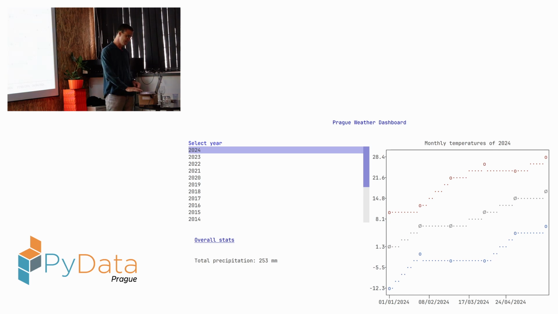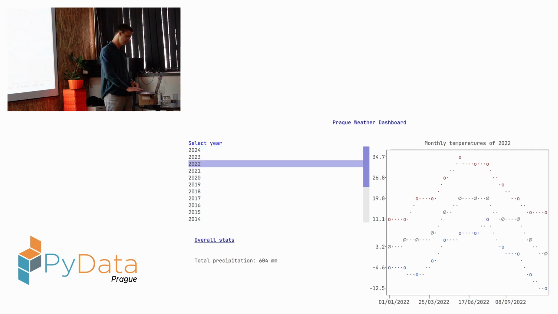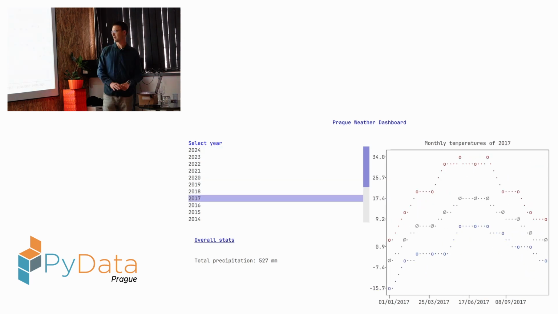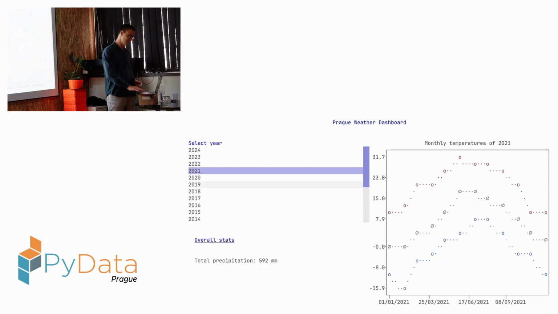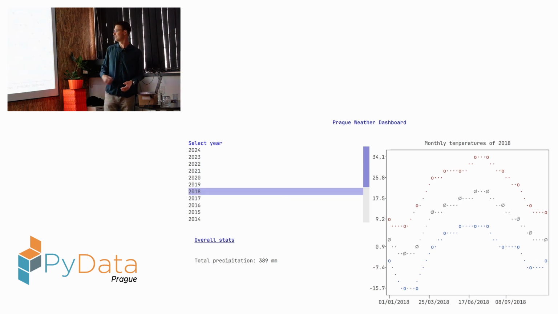So now I've taken the Prague weather data, and I can select a year by just clicking or using my commands, and I see, just as an example, one simple stat on the left, like the total precipitation of the year, and then the development of monthly maximum, minimum, and mean temperatures.